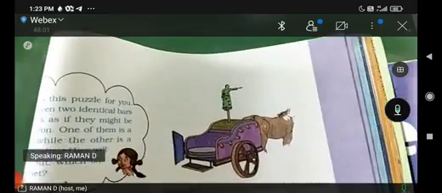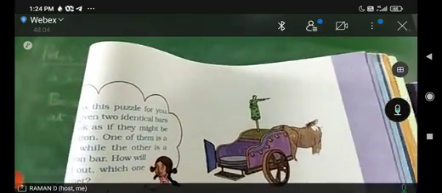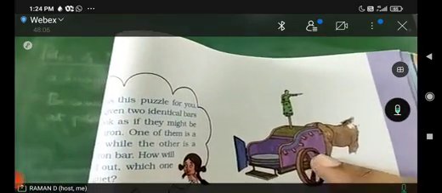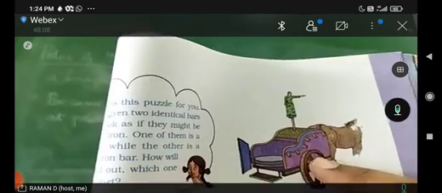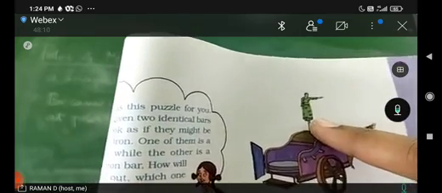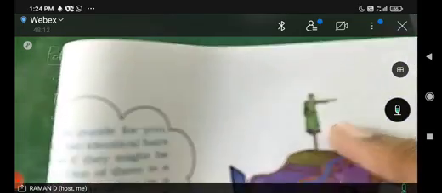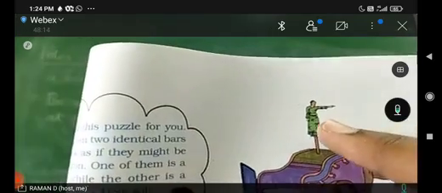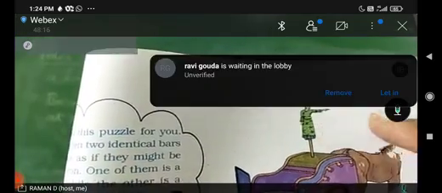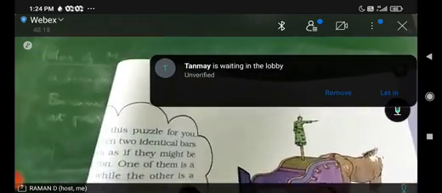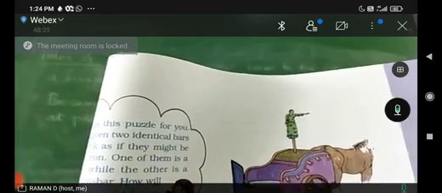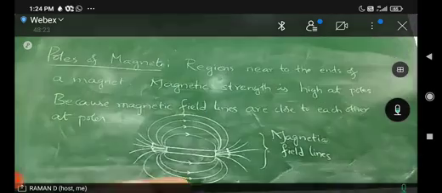See, this is the chariot of the emperor. It is having a statue of a lady which is having an extended arm. And this extended arm always was showing south direction.